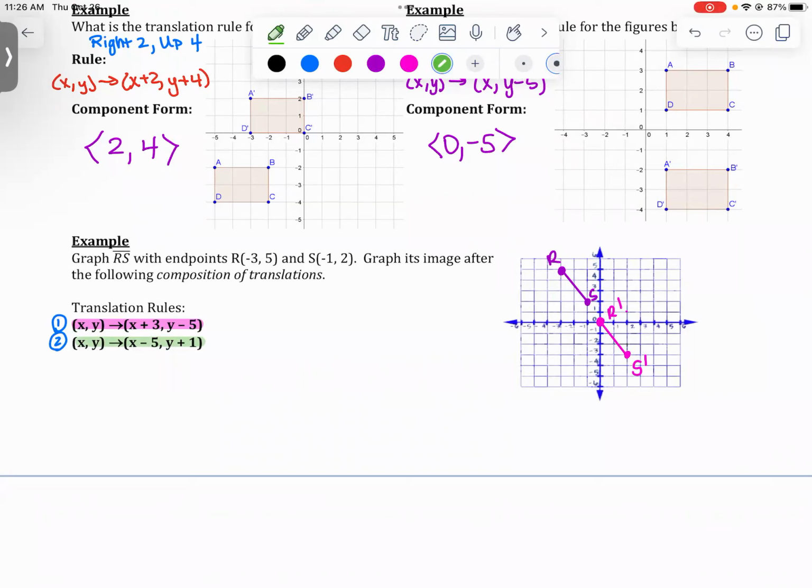Now, from that new one, we're going to do the second transformation. So from R prime and S prime, which way do we go? Left 5 because it's with the X, and up 1. So I'm going to go left 5 and up 1, and we're going to call that R double prime.